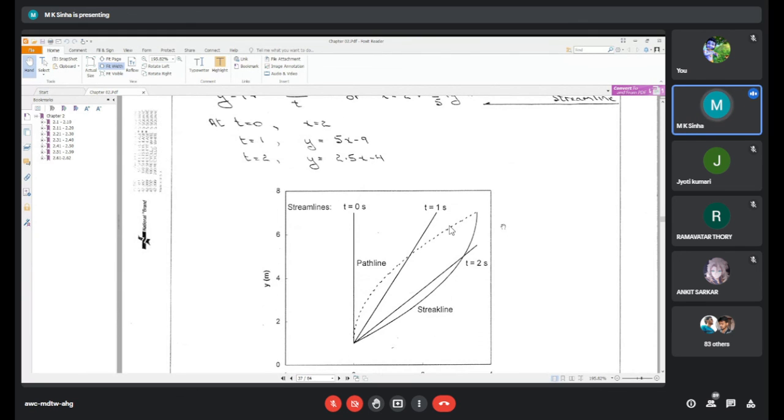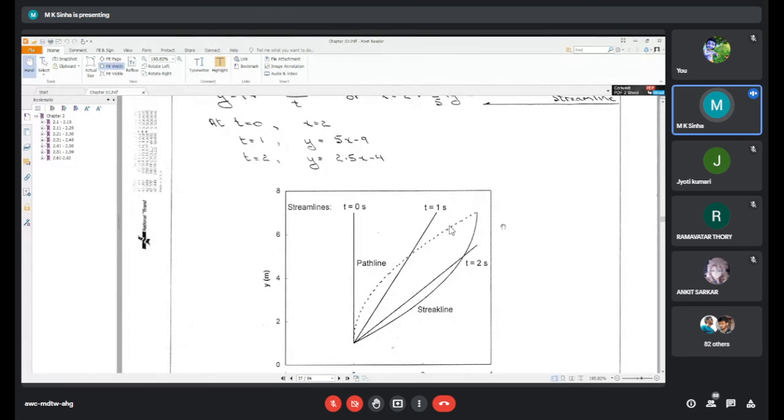So for a streamline that is mentioned. The path line for t equal to 0 is here, the dotted line. Path line is the dotted line, and the streak line is where both are merging. Am I right? And the streamlines for t equal to 0, t equal to 1, t equal to 2. So see, this is the streak line.